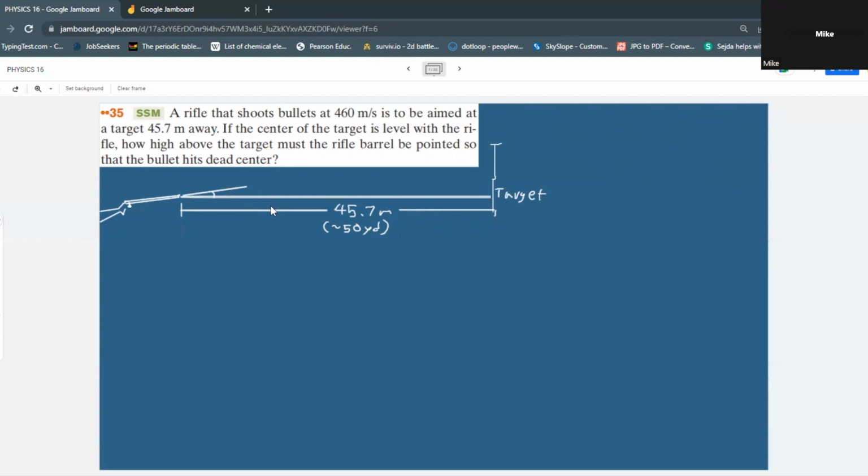Wait. How high must the target be? How must the rifle be pointed? Or maybe how high above the target the bullet will hit. Maybe a straight line to the site. For the site, how high should the site be elevated?